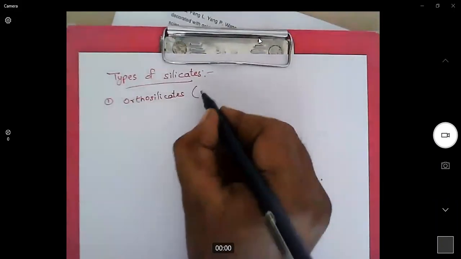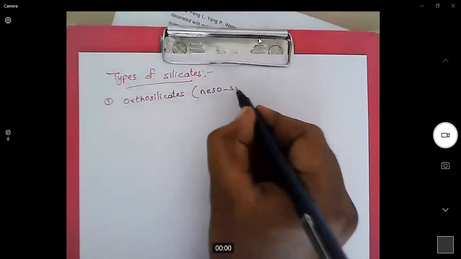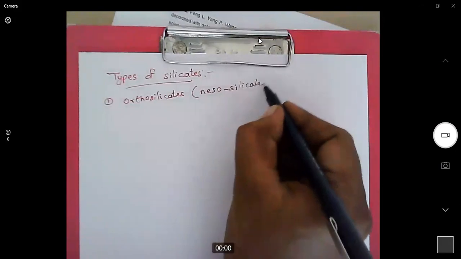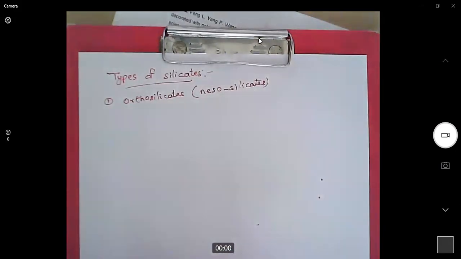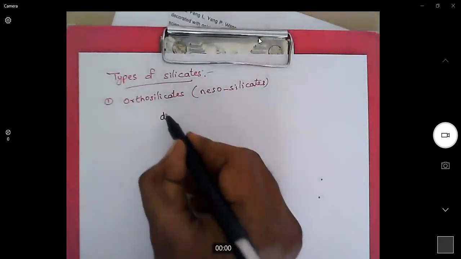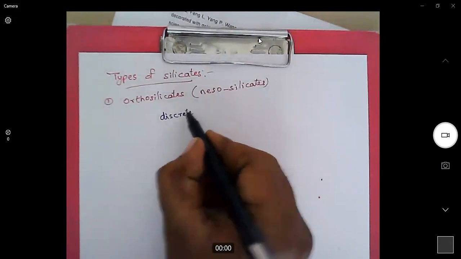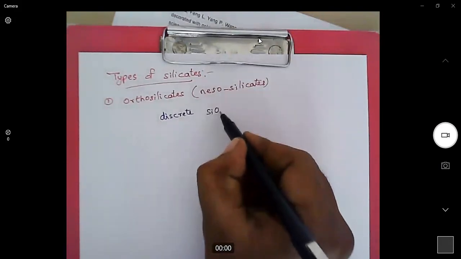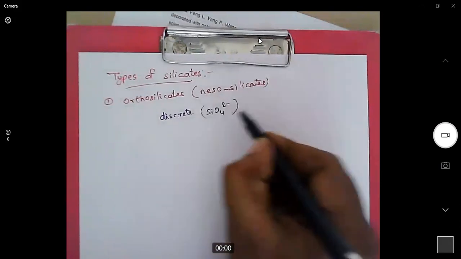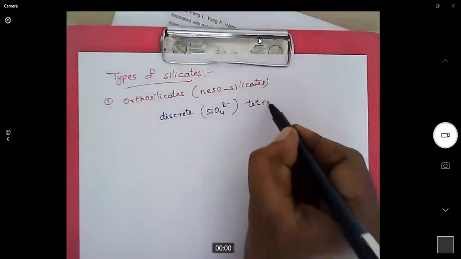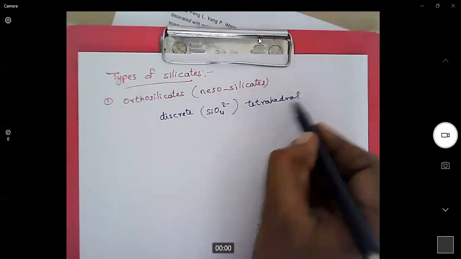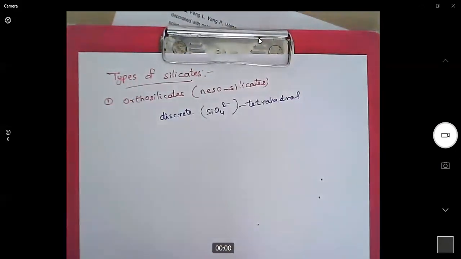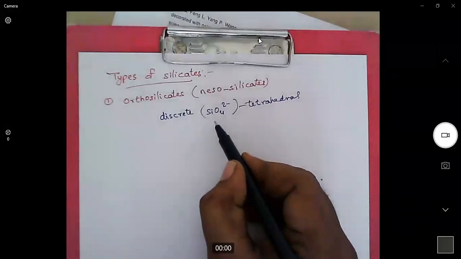Orthosilicates are also called nesosilicates. Nesosilicates have discrete SiO4 4- ions with tetrahedral geometry. That means they are monosilicates. Orthosilicates are nothing but monosilicates. There will be only one silicate unit.